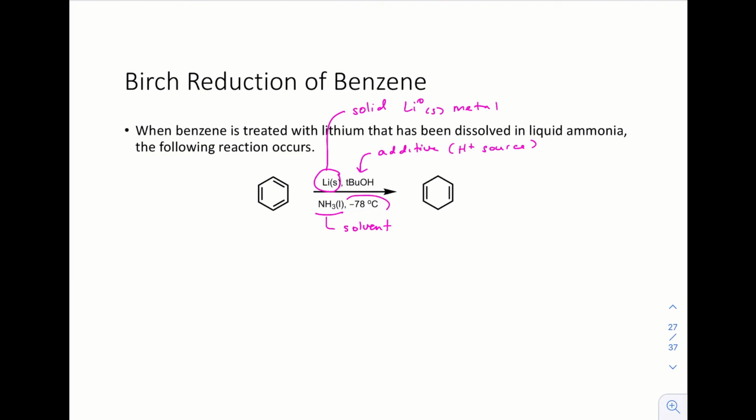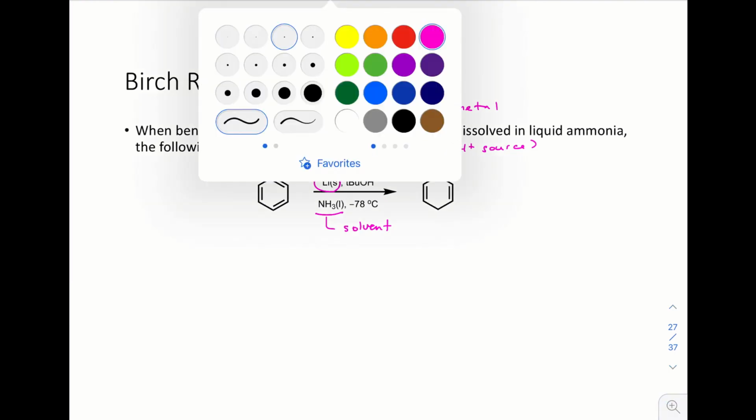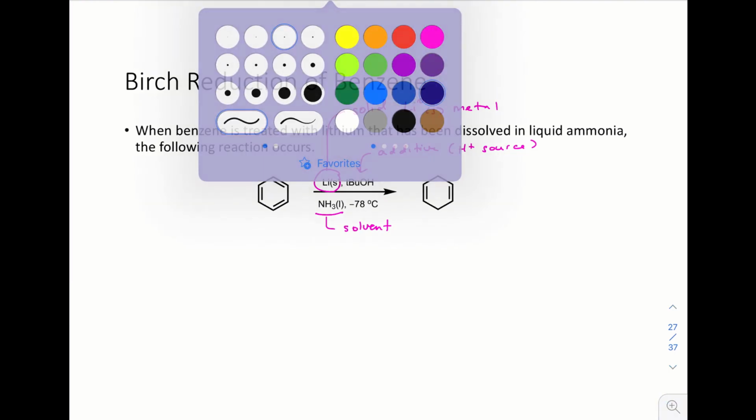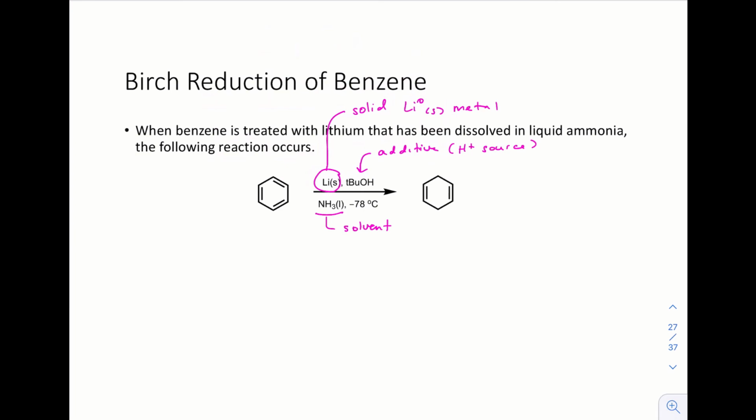And that's not the only reason why low temperatures are used, but that is certainly one of the reasons. Typically, low temperatures are used when reactions are exothermic or when at higher temperatures, the reaction will form a mixture of products.